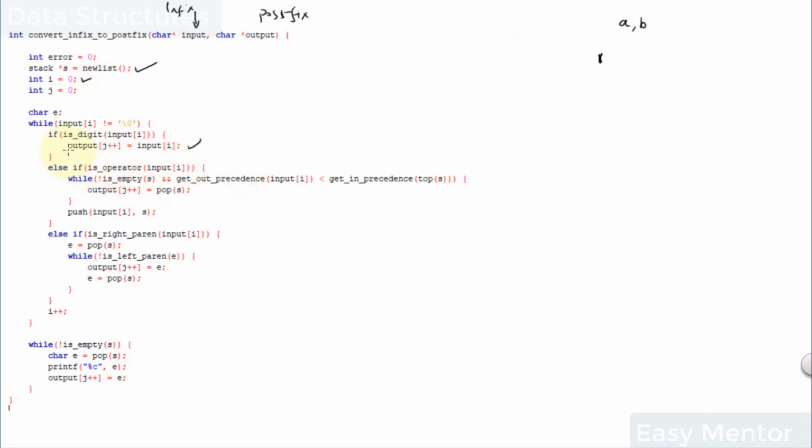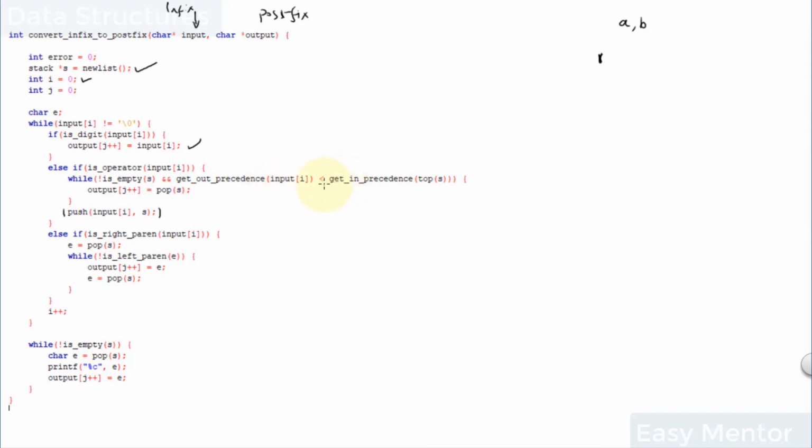If the input character is not a digit, if it's an operator, I check whether the stack is empty. Because if the stack is empty, I don't have any precedence checks to be done between the operator that's coming in and operators that are already present in the stack. So I just push the operator onto the stack. But if there is something in the stack, I check the precedence of the input operator that's coming in.